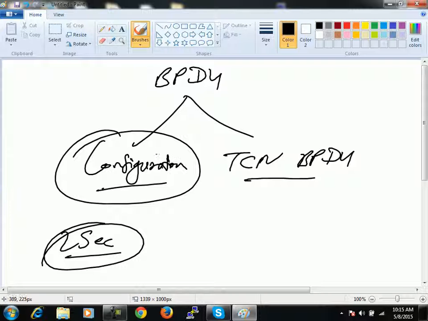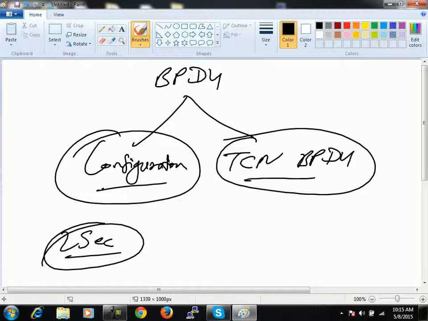And if you talk about the TCN BPDU, they are event driven actually. They will be generated by STP. As I said, configuration BPDU messages will be generated by the root bridge only after the election of the root bridge, and the TCN BPDUs are event driven.